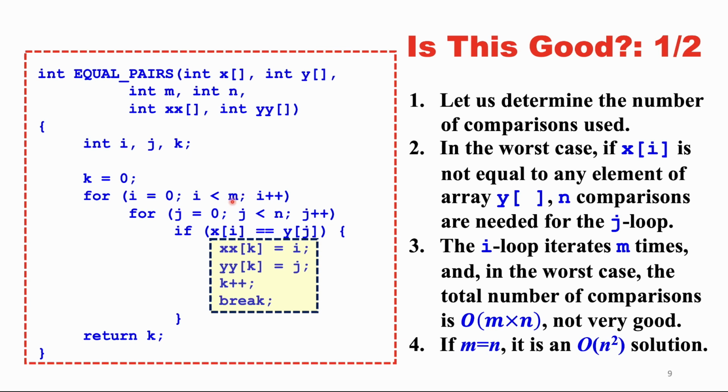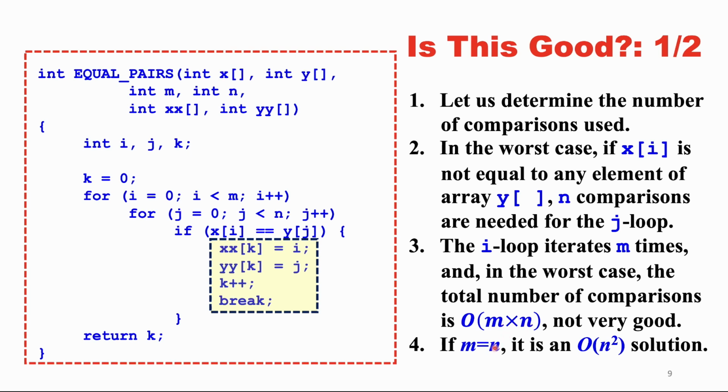As a result, the total number of comparisons will be m times n, because each iteration for i requires n comparisons in the inner loop. So the complexity, or the order, of this solution is order m times n.